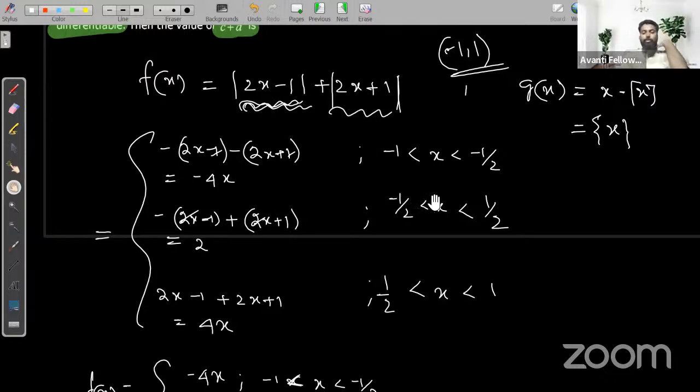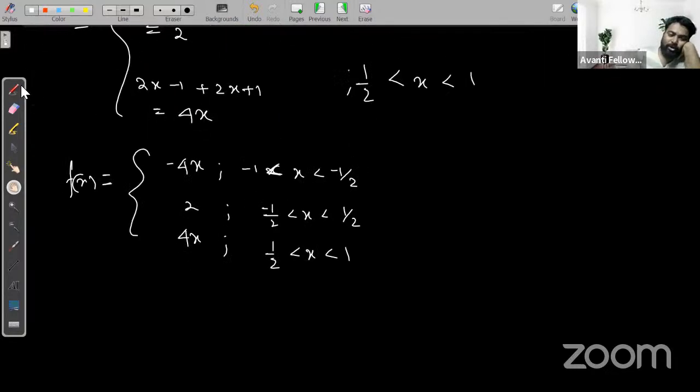Check at minus 1/2 and at 1/2: this will be 1 plus 1, so this is also 2. So we can use x equal to minus 1/2 and 1/2 also this way. Okay, so this is my f of x. Guys, is this clear or not?